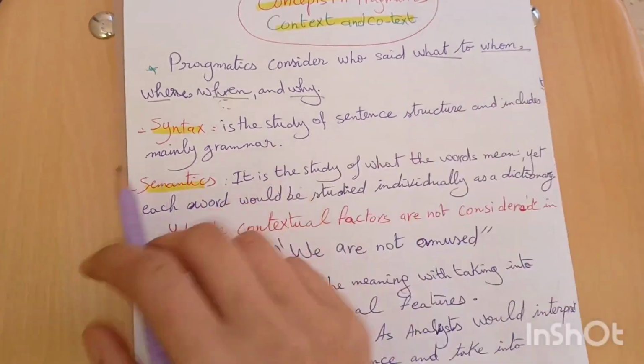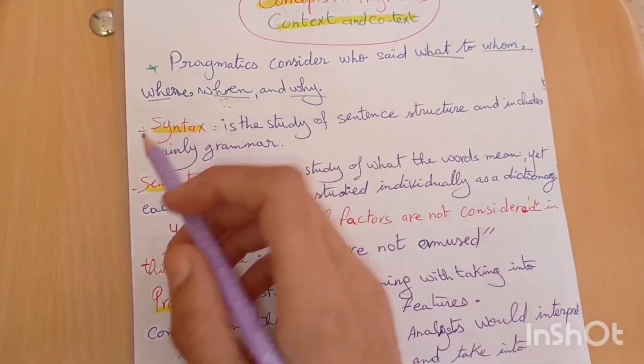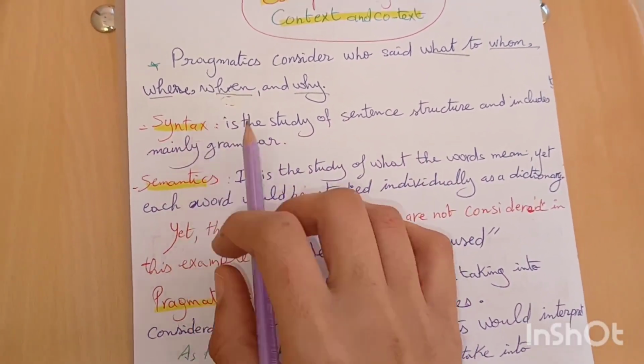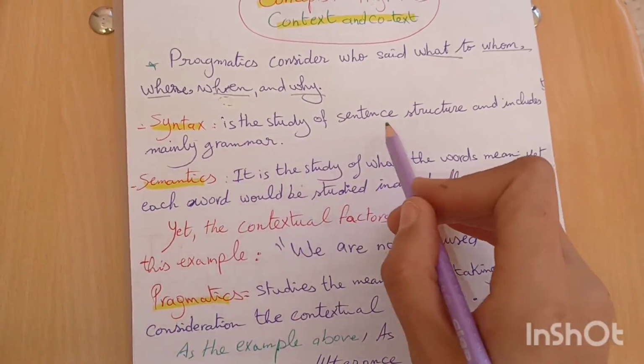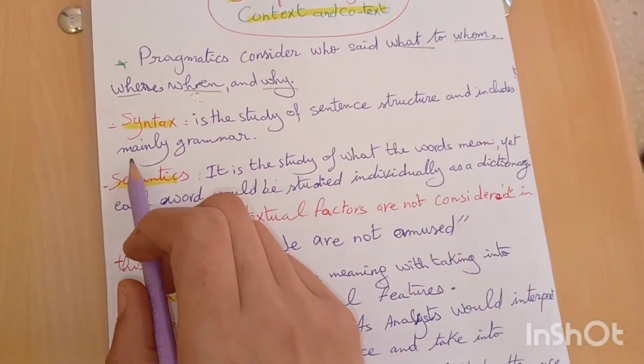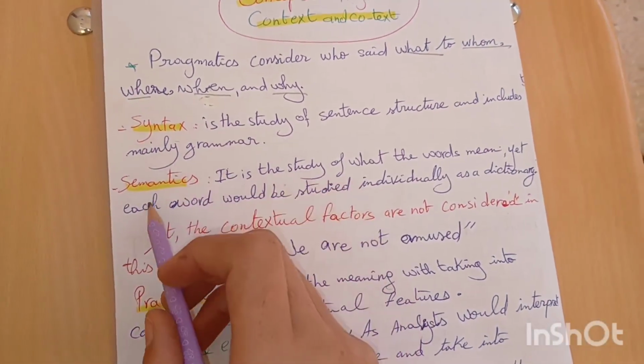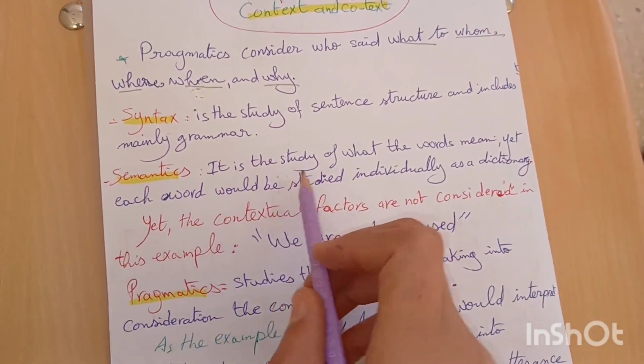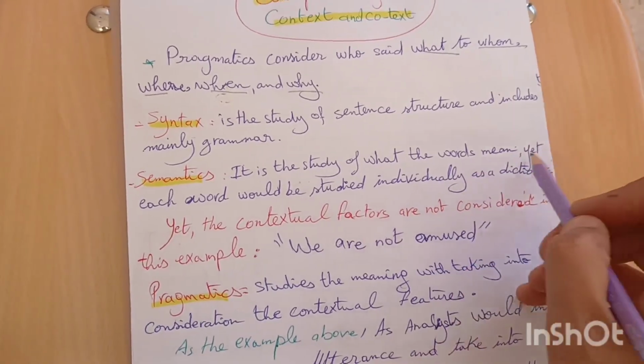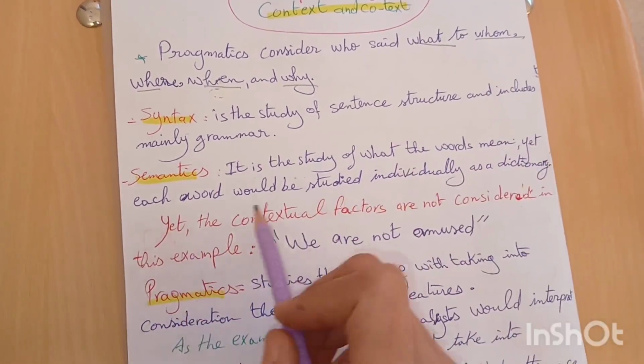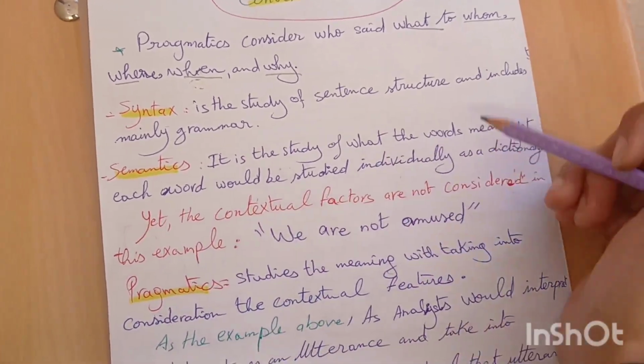first lecture. So after that we have syntax. Syntax is the study of sentence structure and includes mainly grammar. And also semantics is the study of what the words mean, yet each one would be studied individually.